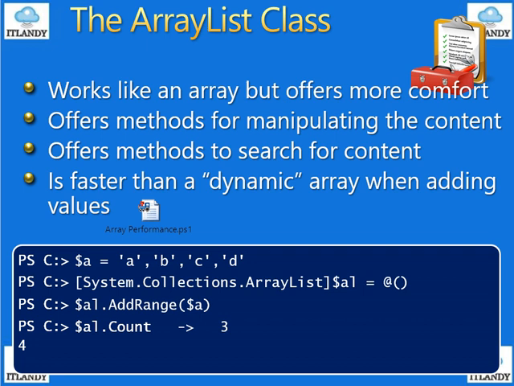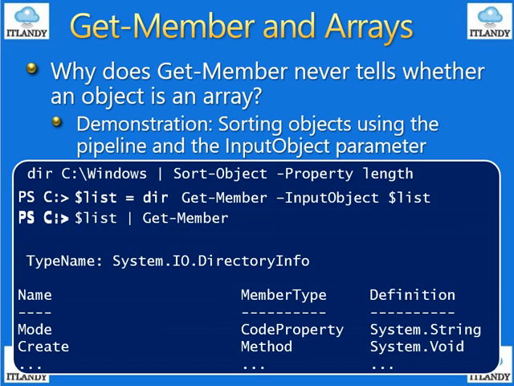Let's have a look. If we run Get-Member on arrays, why does Get-Member never tell whether an object is an array? Let's have a look at the demonstration.